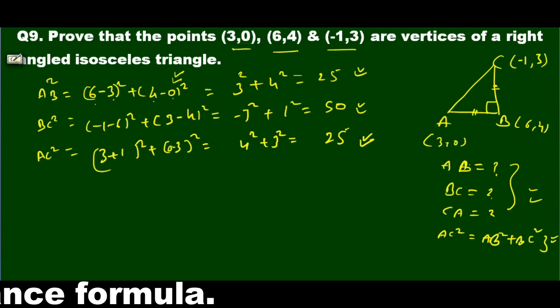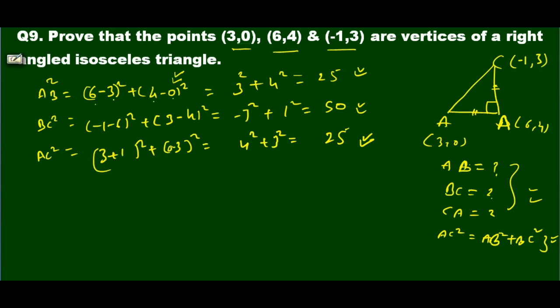AB and AC are equal and B should be here. Clear? And BC is the hypotenuse.